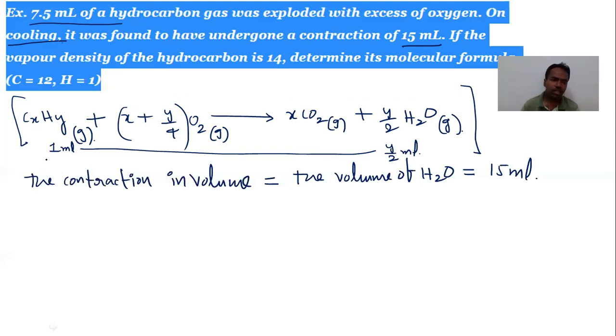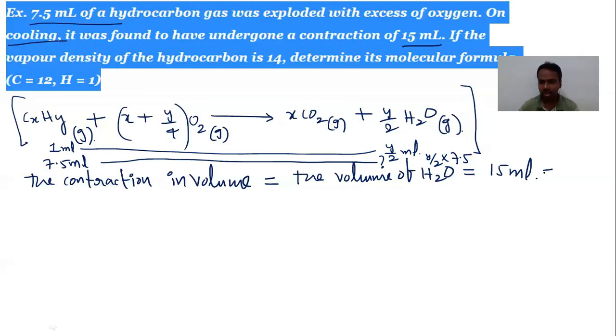But they have taken 7.5 ml of CxHy, so how many ml of H2O is produced? y by 2 into 7.5. This is the volume of H2O produced, which is 15 ml. So 15 ml is equal to y by 2 into 7.5. Then what is the y value? The y value is 4.